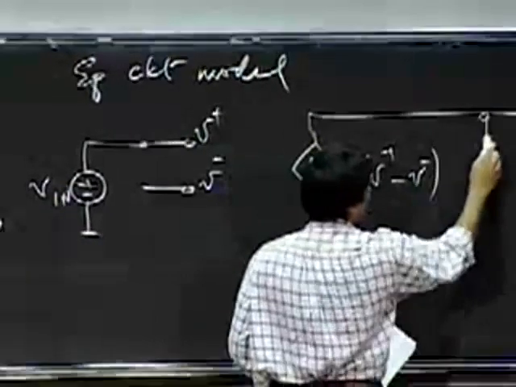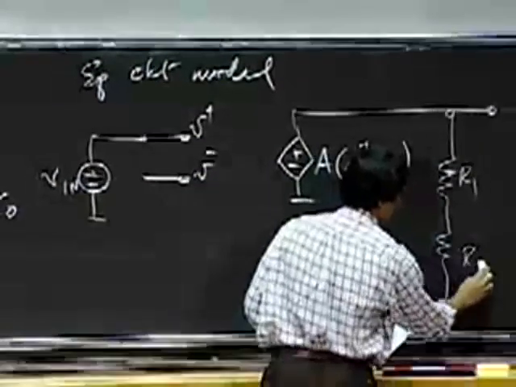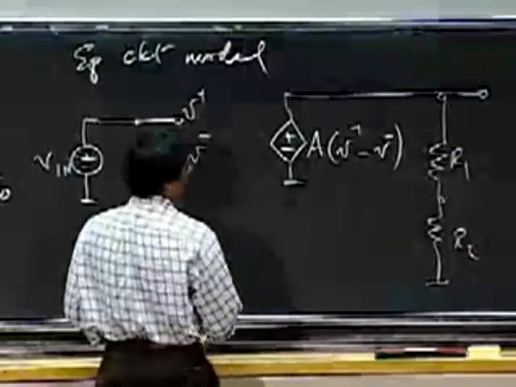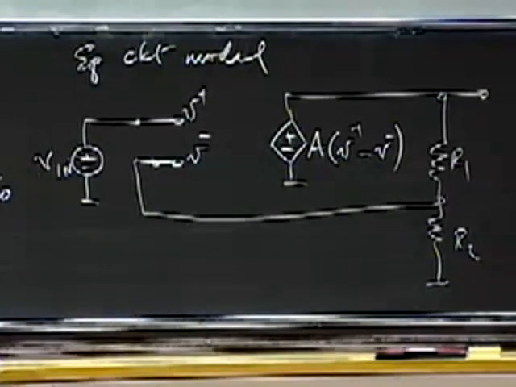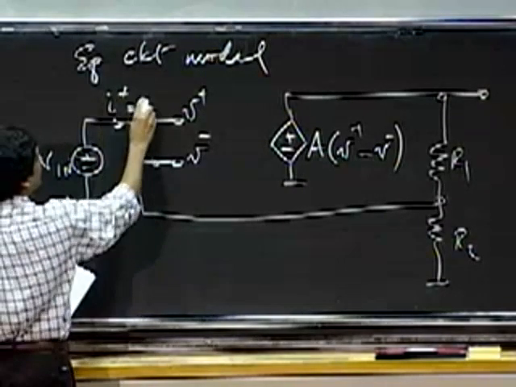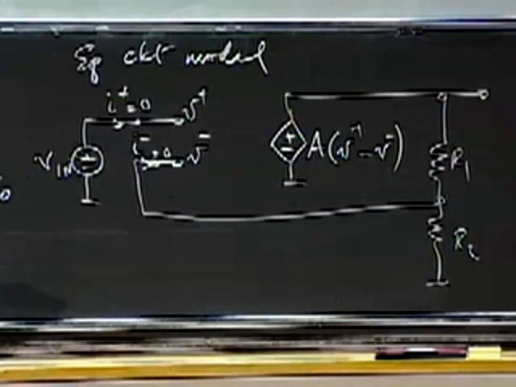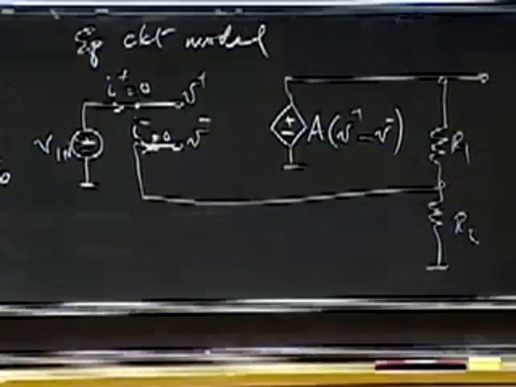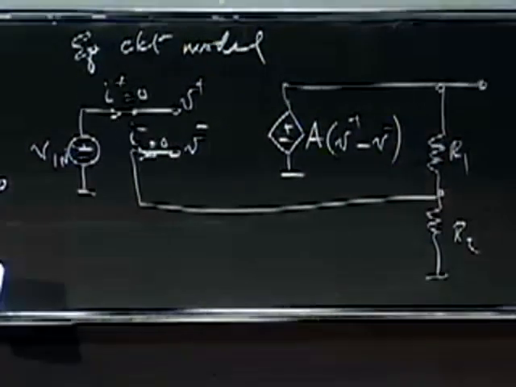And remember, I have an R1, R2 resistive divider here. And this one gets connected to this terminal there. I also know that I plus is 0. I also know that I minus is 0. All I've done is simply replace the amplifier with its equivalent circuit. So let's go ahead and analyze that circuit now.